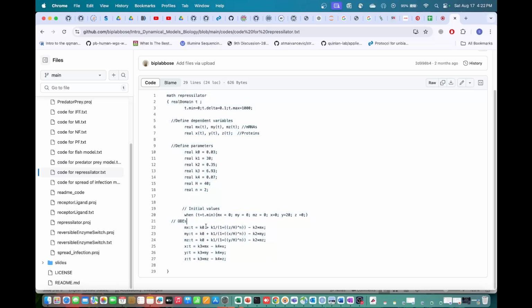You can check it out. These are your ODEs, these are your initial conditions, these are your parameters. You can use JSim, you can use these codes for these particular models, and check how the concentration of different substrates, the behavior of the whole network, changes with a slight change in these parameters.